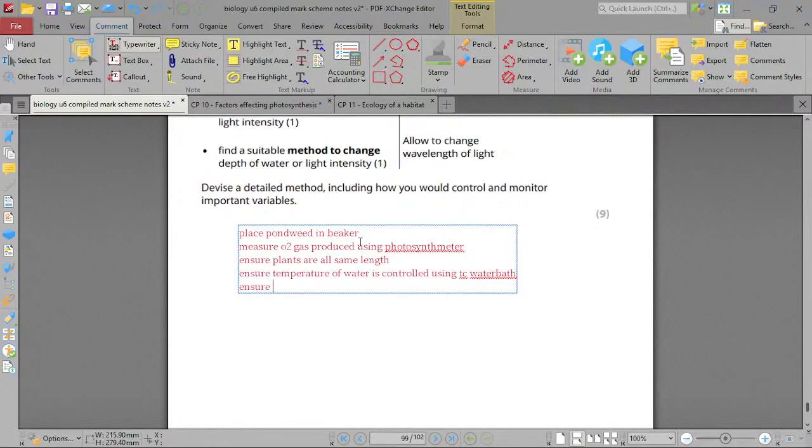Place half a spatula of sodium hydrogen carbonate. Let the plant acclimatize for 5 minutes.